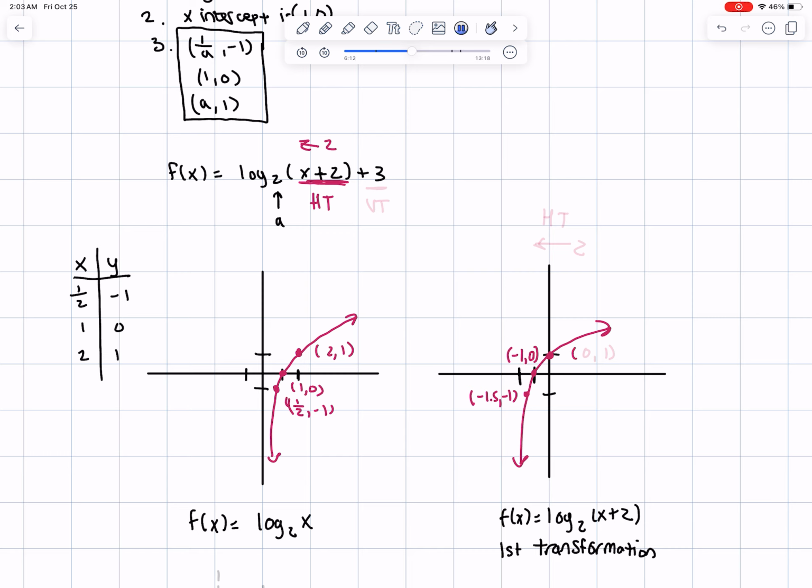And this is (0, 1). Okay, so this was left 2, horizontal transformation. Now let's do our last graph. So our last graph is going to be vertical transformation. So it means everything's going to move up 3. So let's draw that.